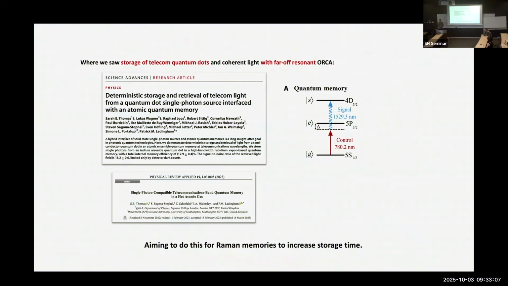And with this scheme, you can also skip the etalon step, because these two frequencies for this type of configuration are not very close to each other. So you can end up with wavelength differences and you don't need the etalons anymore for filtering. The problem is that now this is at an excited state. So if you want to hold on to it for a long time, it's just going to decay.